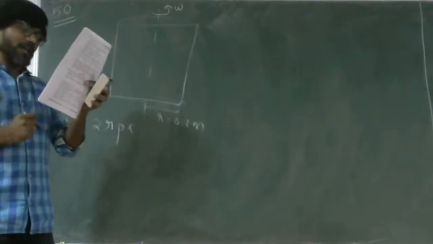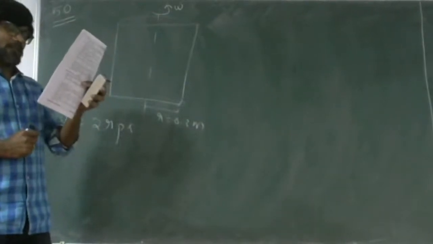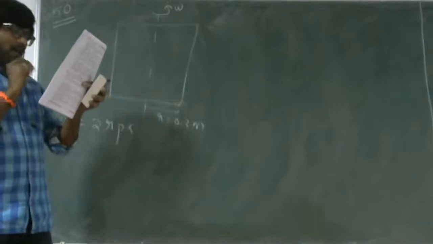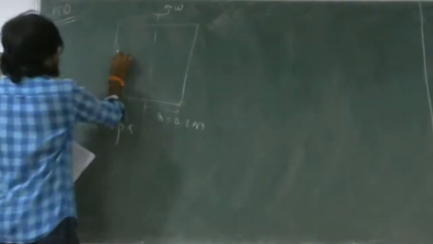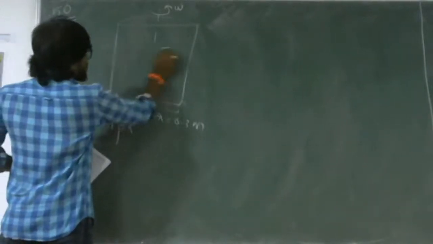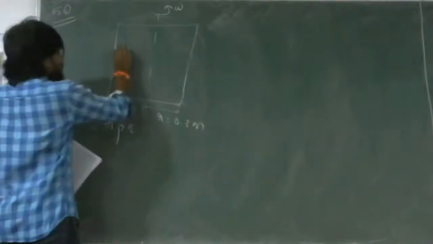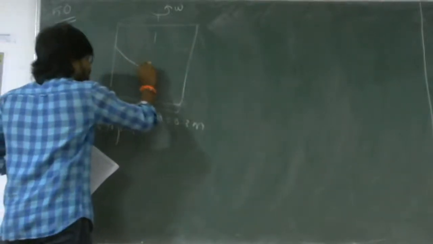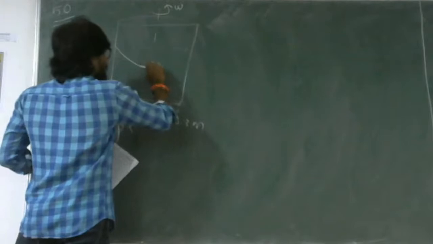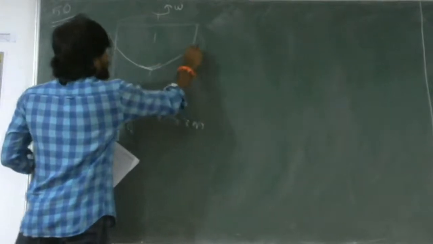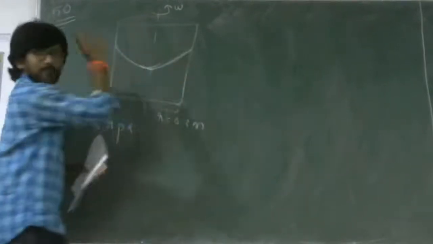The difference in heights of the liquid at the center of the vessel and at its sides is. So there is a liquid filled here. When it is rotating, the liquid takes the shape of like this. Are you able to understand this? Liquid takes the shape of this while rotating.